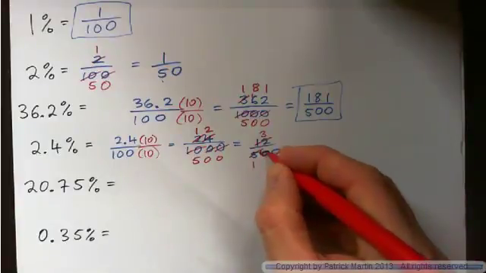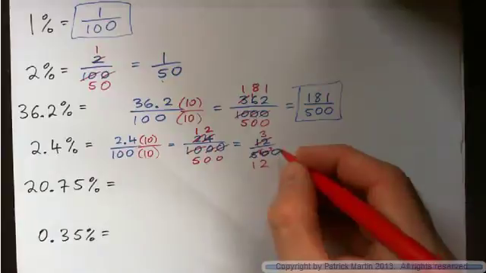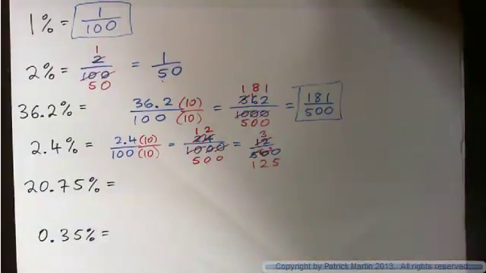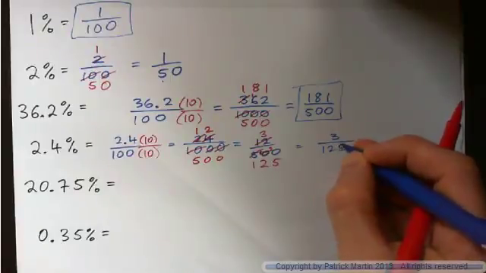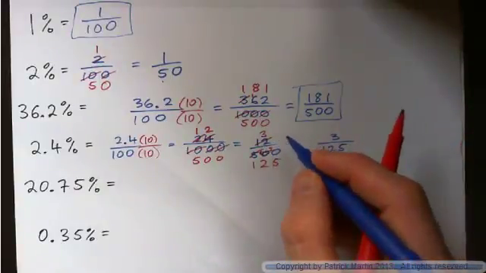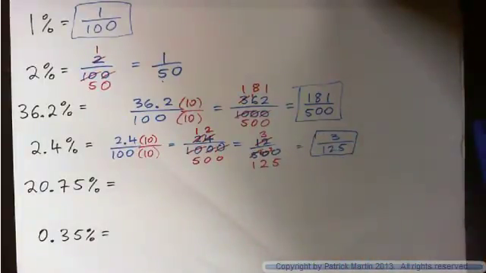Okay, 4 into 10 goes twice, remainder 2. 4 into 20 goes 5 times. So this gives me 3 over 125. Now you might have divided by 2 and got 6 over 250 and then got 3 over 125. That's okay as well.